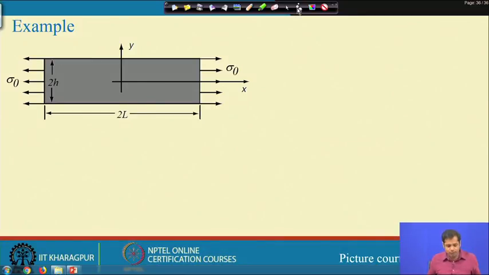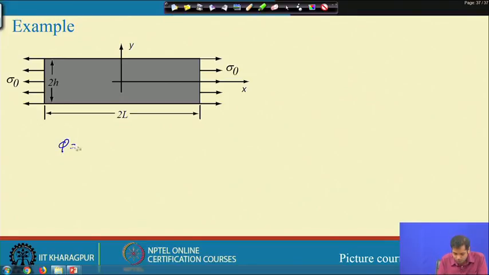Let us assume phi is a cubic polynomial. In a cubic polynomial, there is no point in having the linear term because the linear term does not contribute anything in the computation of stresses. So, we will start with the quadratic term.